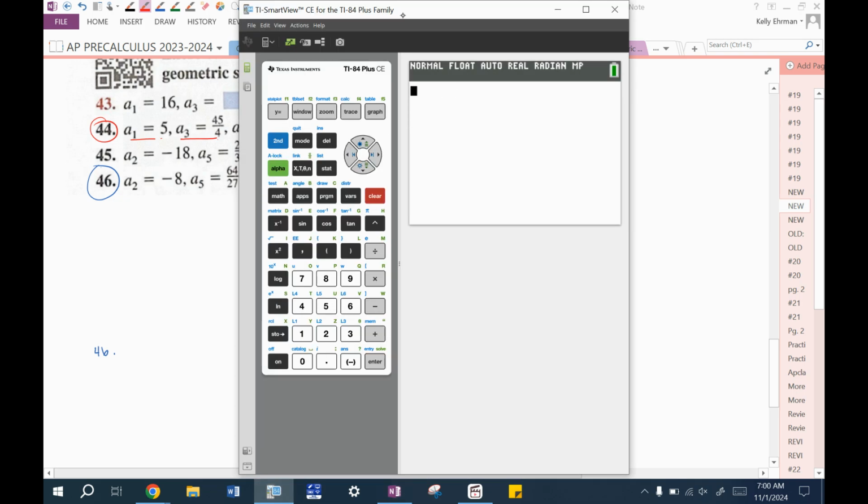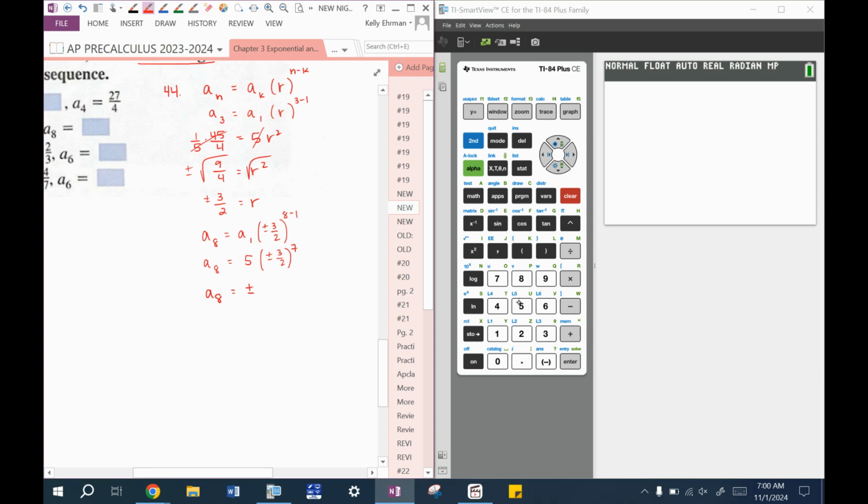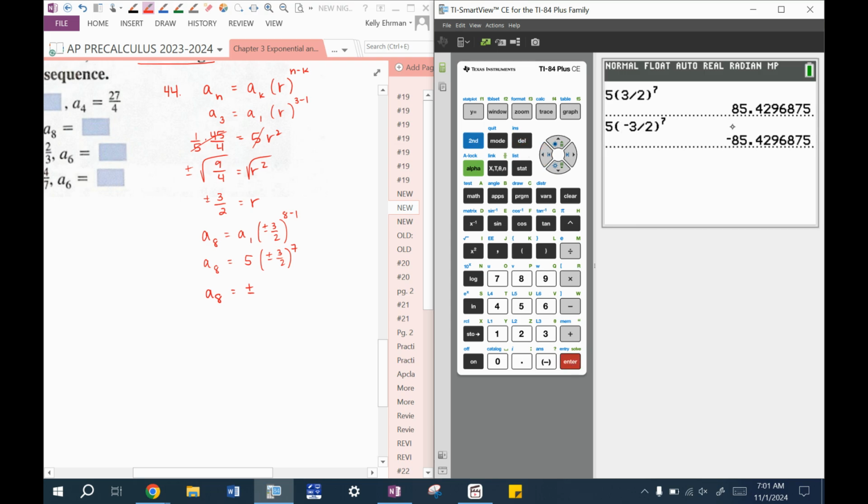So let me split this so I'm not covering this up. So 5 times 3 halves to the 7th power. If you want to confirm this, if I made this negative, I still see how it's the same answer, just plus or minus. So I'm going to write to the nearest, well, let's see.